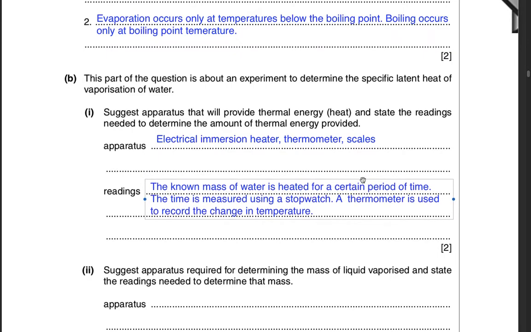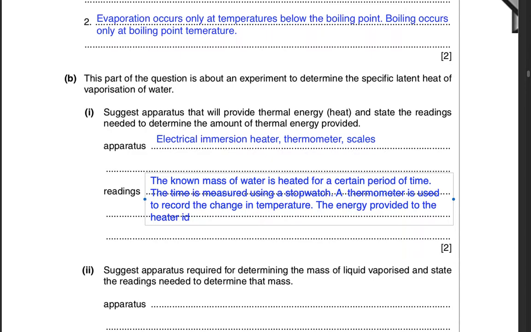The energy provided to the water is not measured, sorry, it is calculated by the formula: energy is equal to power multiplied by time.